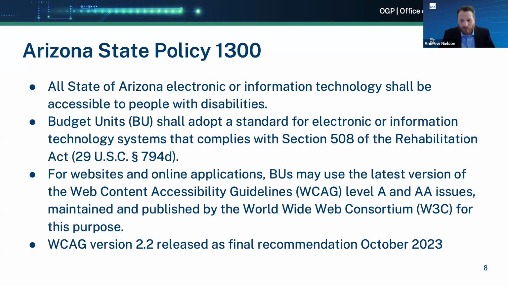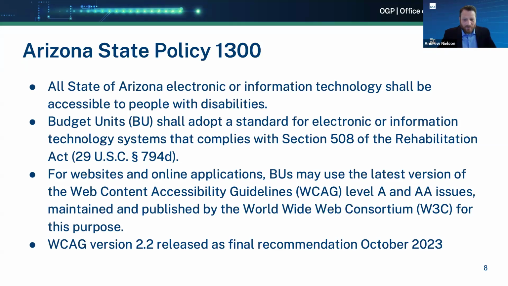The ADA Title II rule applies to web content and applications requiring conformance at level 2 for version 2.2 of WCAG, and then the Arizona state policy also encouraging business units to adopt the latest WCAG standard.